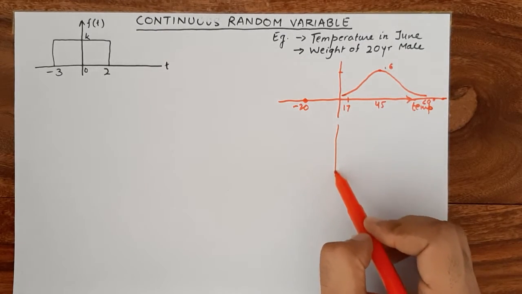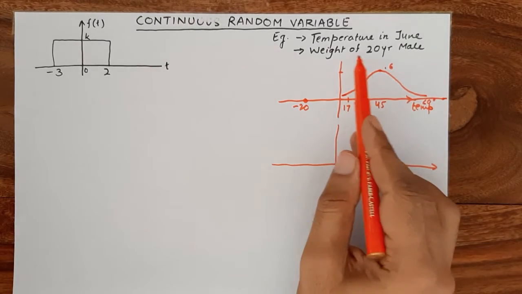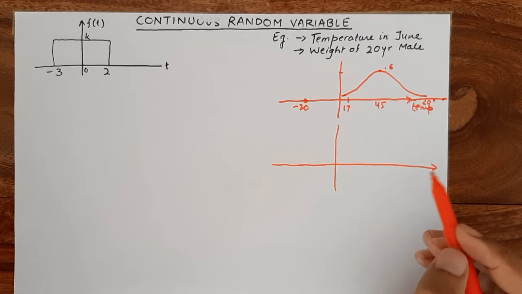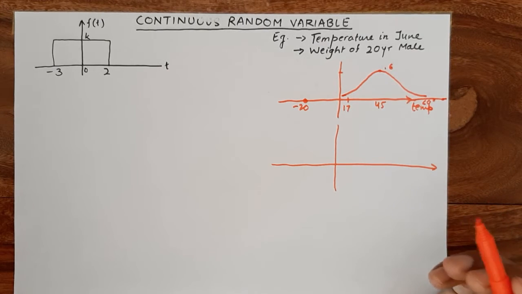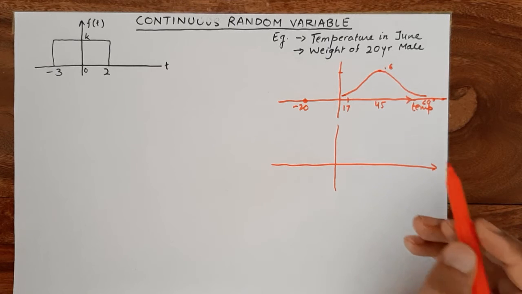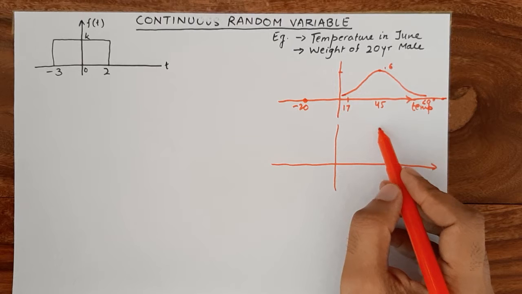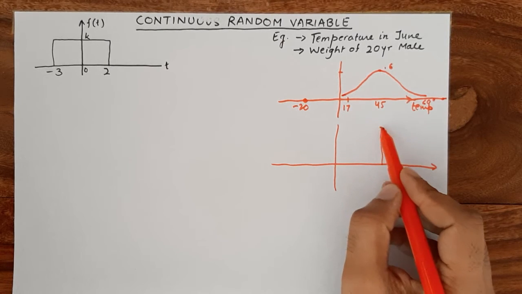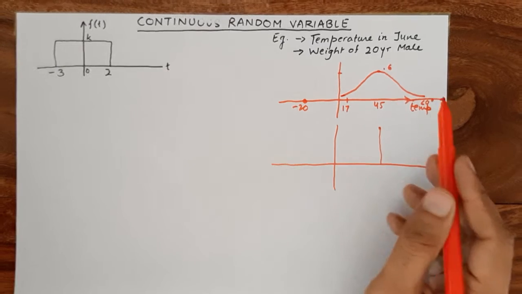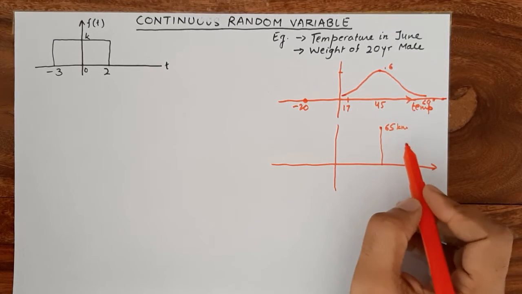Another example of a random variable that I've taken to discuss is the weight of a 20-year-old male. If you were to find the probability of the weight of a 20-year-old male, the probability of getting a weight around 65 kgs is pretty high. So a 20-year-old male with a 65 kg weight is pretty probable.